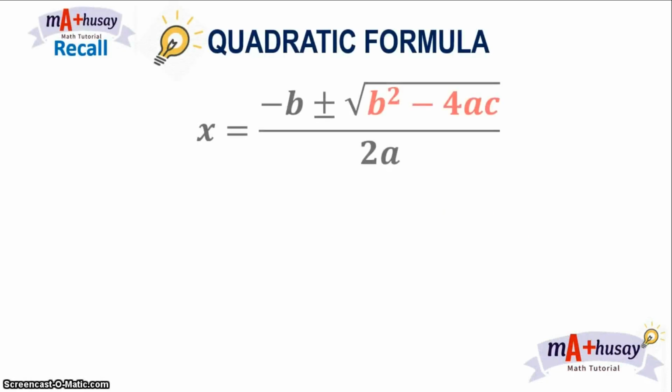We know that any quadratic equation can be solved using the quadratic formula x is equal to negative b plus or minus the square root of b squared minus 4ac all over 2a.